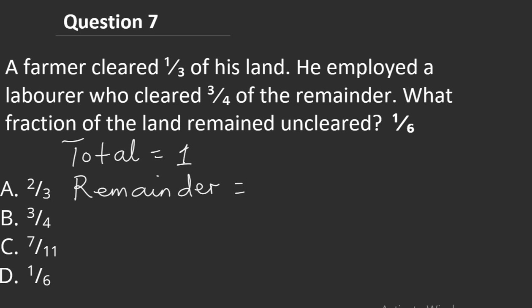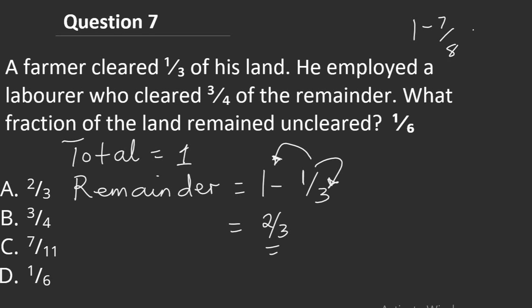The remainder will be the total, which is 1, minus the portion he cleared, which is 1/3. Whenever you are subtracting a fraction from 1, just subtract the numerator from the denominator. 3 minus 1, the remainder is 2/3. Okay, so if you have 1 minus 7/8, you do 8 minus 7, 1/8.